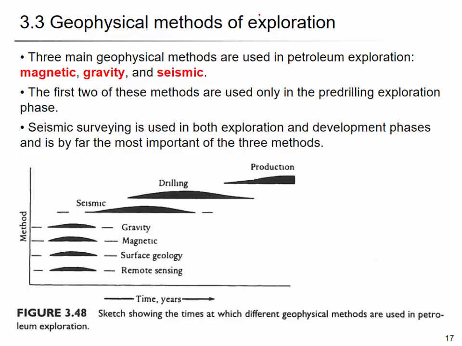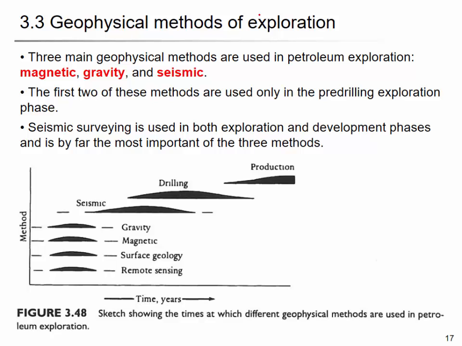And the first two of these methods are used only in the pre-drilling exploration phase. Because this magnetic and gravity is at the basin scale, I can show you the picture later, but it's like a whole basin scale. So, where is the anomaly, where is the magma intrusion, something like that.